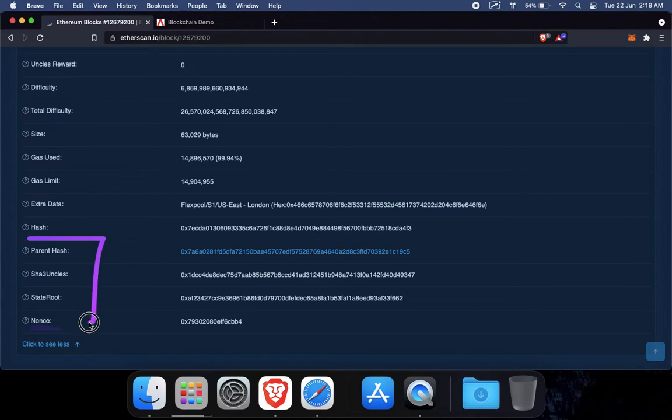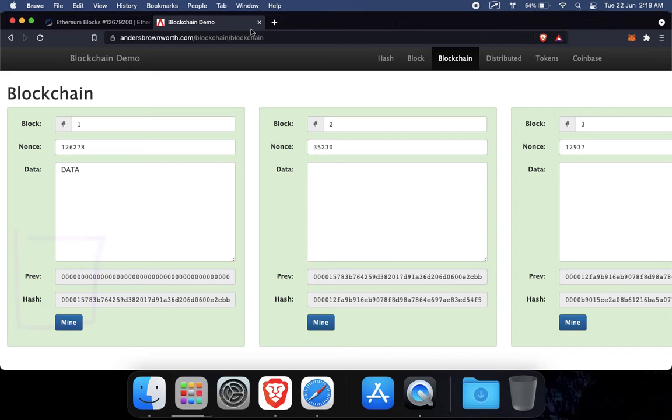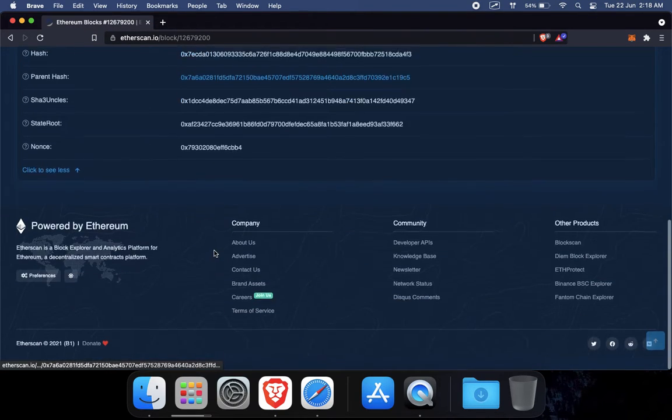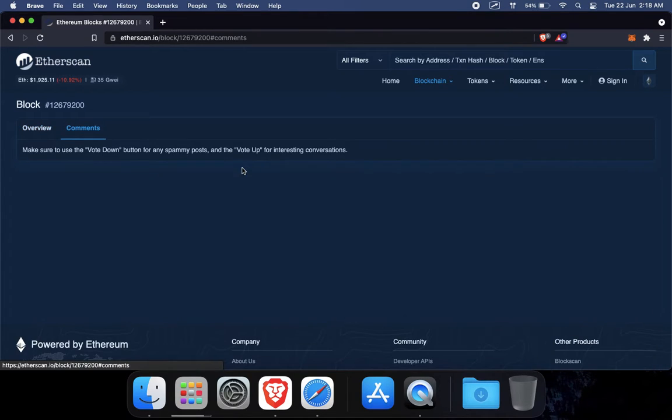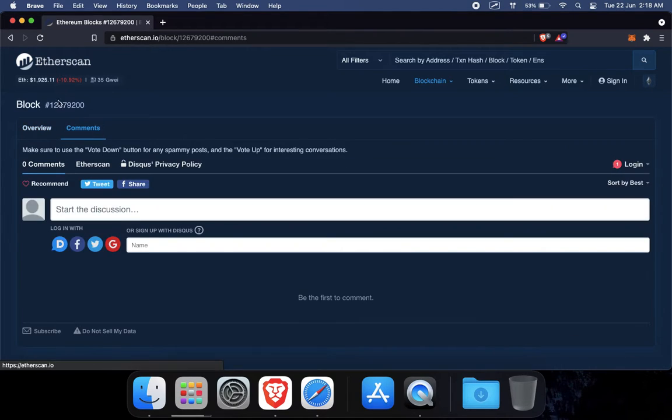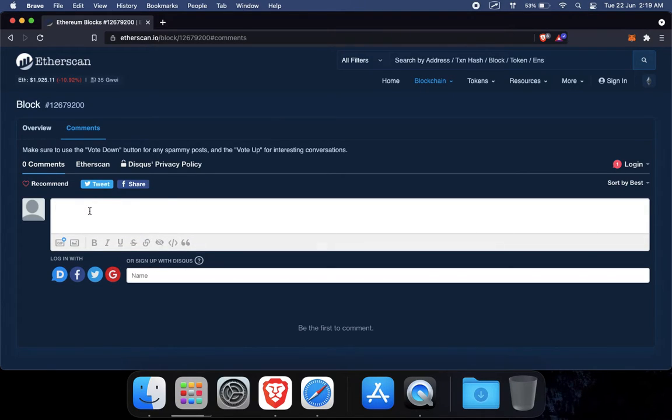These are all used with regards to mining, which I won't go into detail today. Okay, all the data is there. It's good that with blockchain and cryptocurrencies, everything is transparent. No comments made. People can actually give comments if they wanted to, I guess.